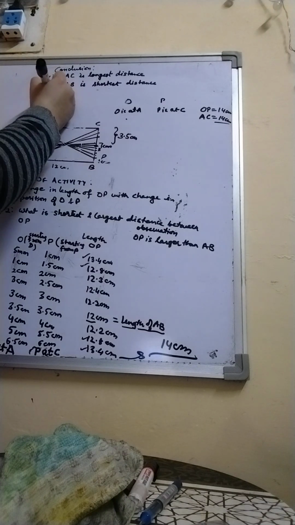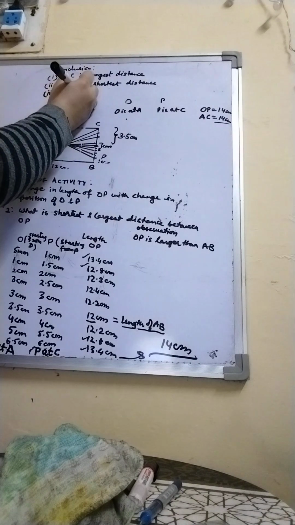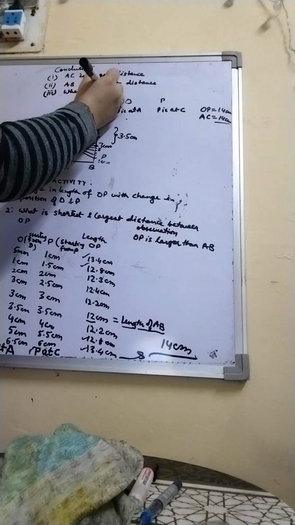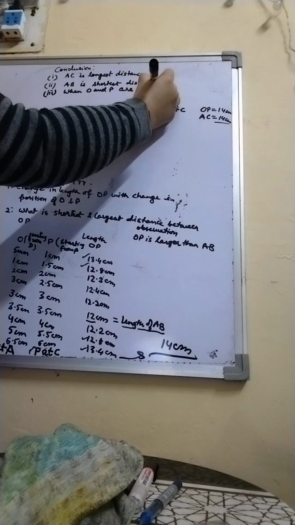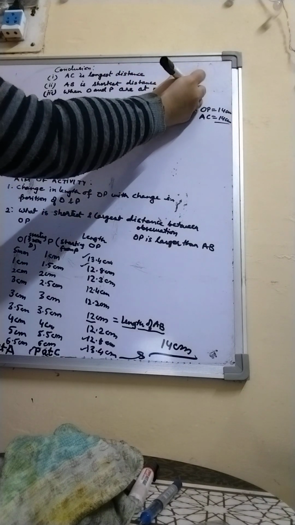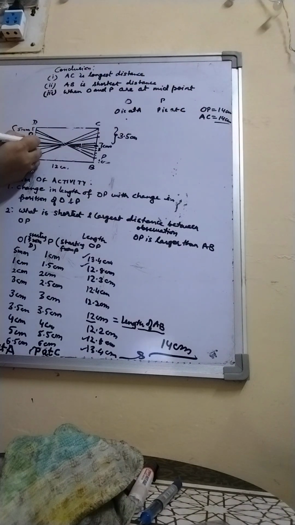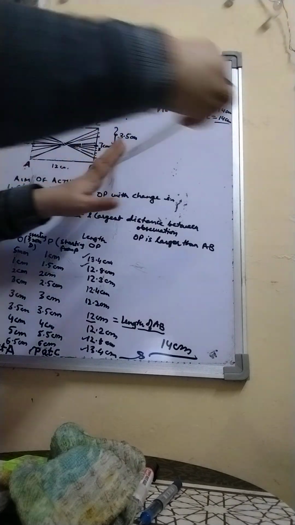Then third observation is when O and P are at midpoint, which is midpoint when they are 3.5 centimeter away from D and A. What is midpoint?